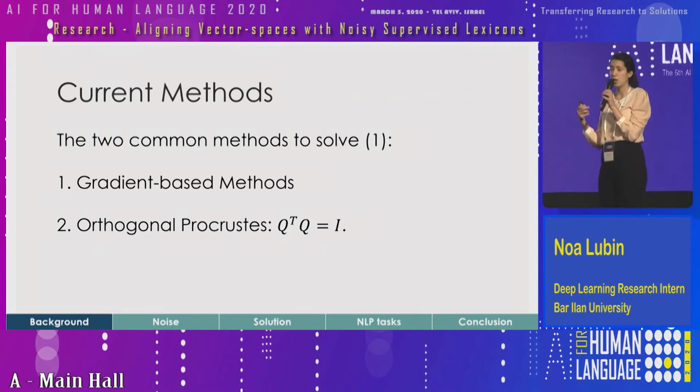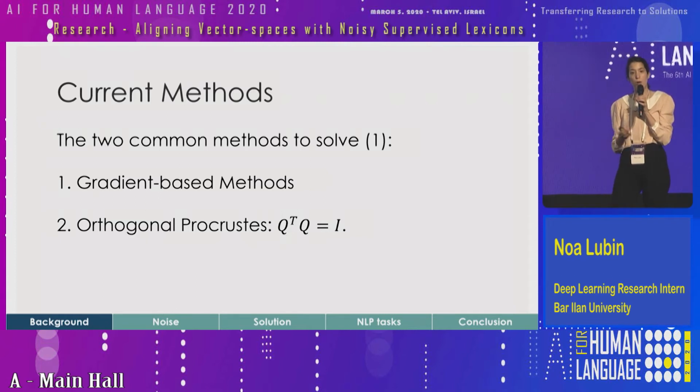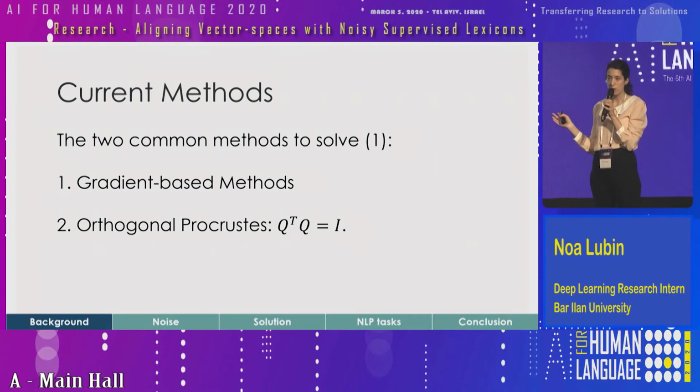It can also be a Newton method, any gradient-based method. Another method is called orthogonal Procrustes. It's a method where Q has another restriction: it needs to be orthogonal. And this was found to be correct for word embedding translations.